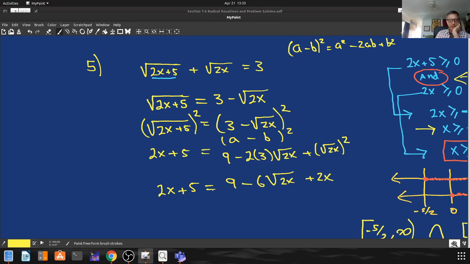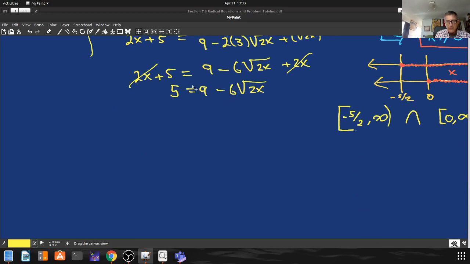Because when I go to simplify this, I have a 2x on this side and a 2x on that side. So if I subtract 2x from both sides, that's going to give me 5 is equal to 9 minus 6 times the square root of 2x. I hope you can see the direction this is going.